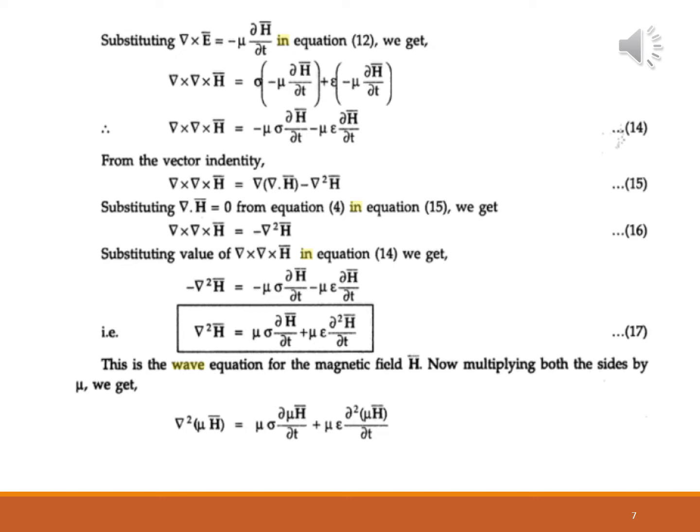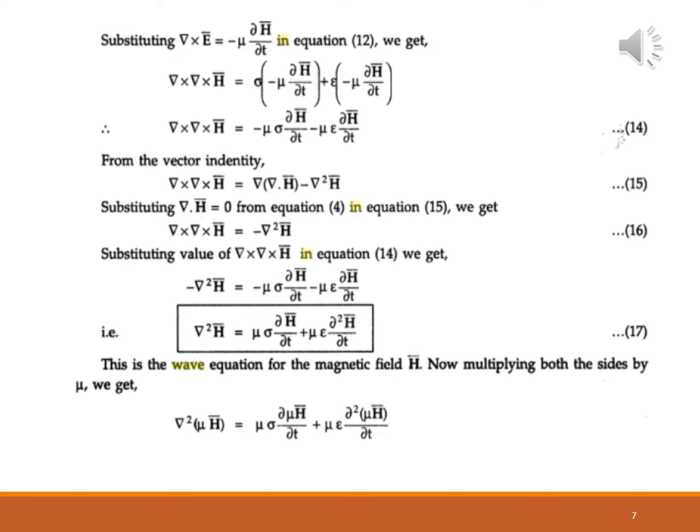For equation 17, in order to get this equation in terms of B, what can you do? B is mu into H. So multiplying with mu on both sides, you get the last equation shown on this slide.